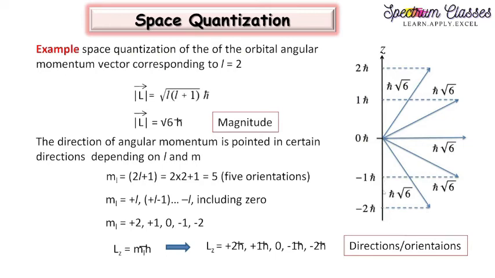Here you are having 2h cross, 1h cross, 0, minus 1h cross, minus 2h cross. All these Lz components have been drawn over here. But all the component vectors have the same value of L, you can see here. And corresponding to ml equal to plus 2, we are having this maximum component.